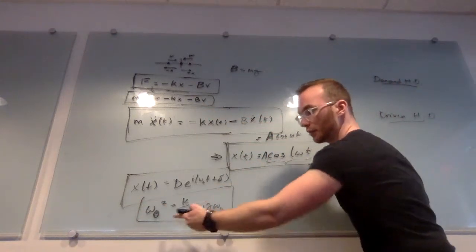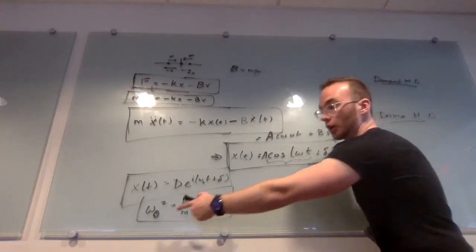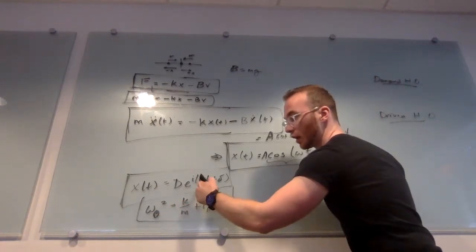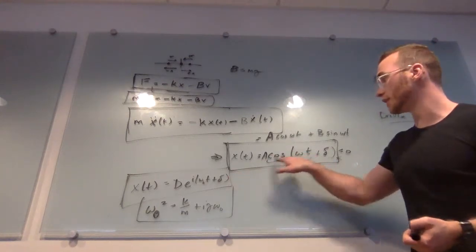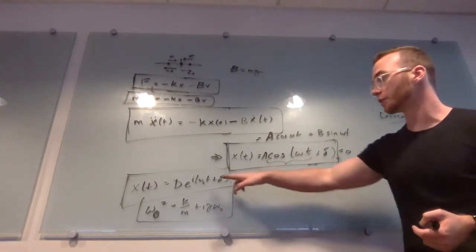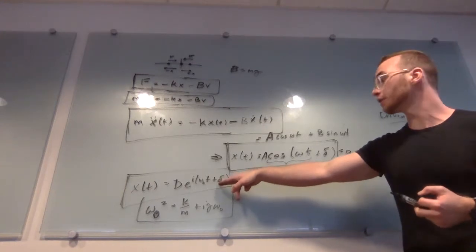This is just an abbreviation; we're not solving for anything here, we're just defining this quantity to be this, and then it would work. We get this. So instead of the free simple harmonic oscillator, this is our damped harmonic oscillator.